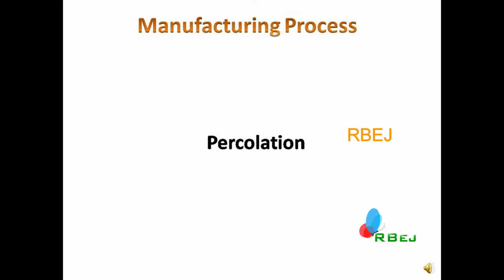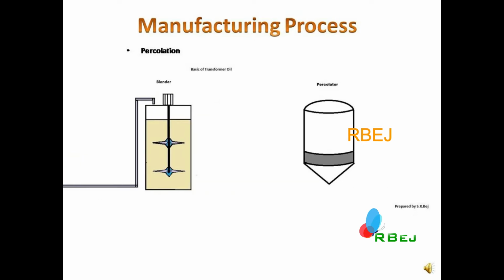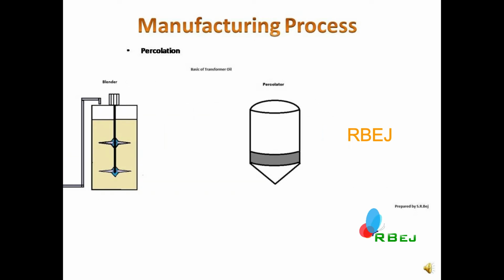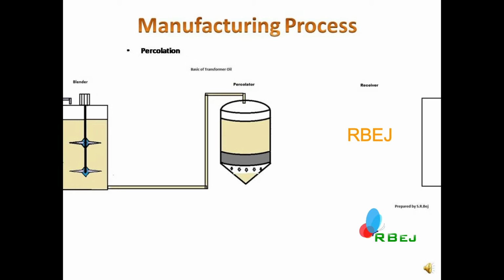Percolation. The term percolation is given to that method of filtering in which the oil to be decolorized and to have moisture and suspended matter removed is passed through a bed of granular adsorbent with the help of gravity. It also improves the electrical properties due to reduction of moisture and suspended matter. It consists of a vertical steel cylinder closed at both ends and provided with suitable manheads and pipe connections at the top and bottom to permit the introduction and discharge of clay and oil.